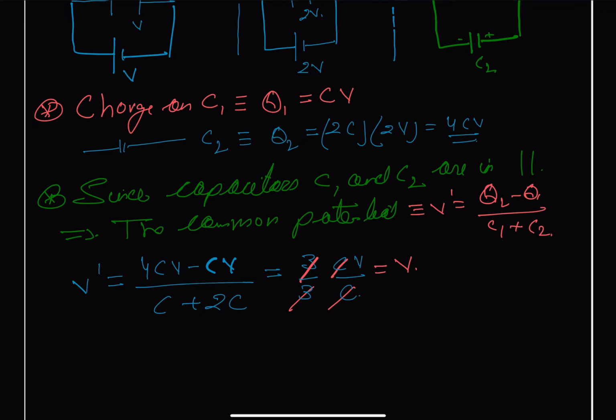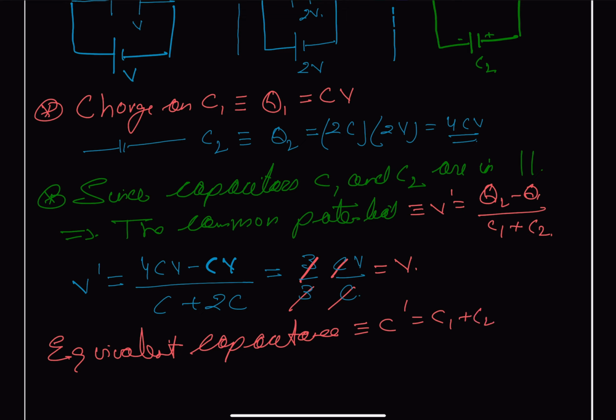And they are in parallel, so we can find out the net capacitance. The equivalent capacitance C prime will be equal to C1 plus C2, that is C plus 2C, which is equal to 3C. Now we can find out the energy of the system.